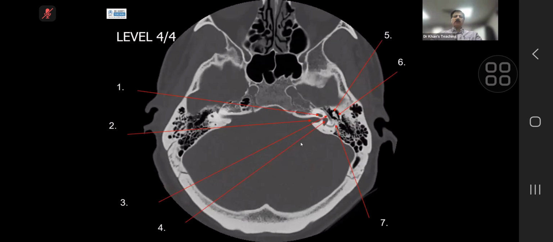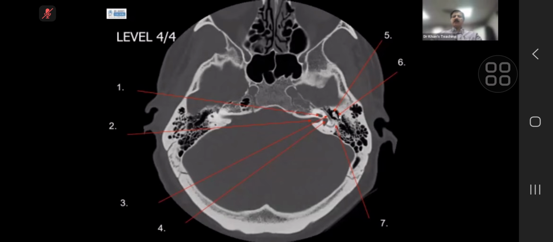Now, last, number one. Number two. Number three. Number four. Number five. So number five is regarding this bone here.